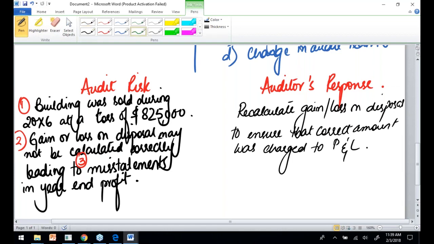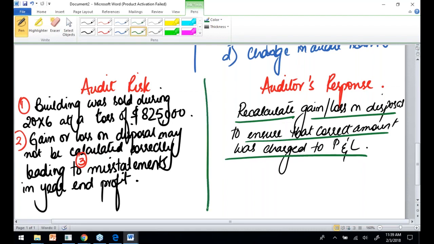Over here, verb, what, why. 1, 2, 3. Copy words from the case, explain the risk, tell the impact on financial statements or link with financial statements. 1, 2, 3. Copy, explain, link. Always for risks, copy, explain, link.